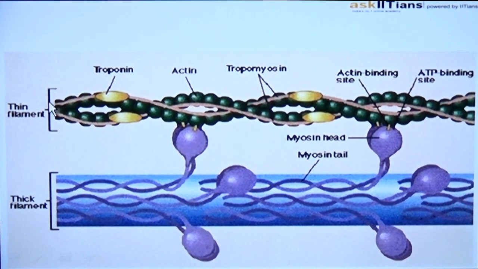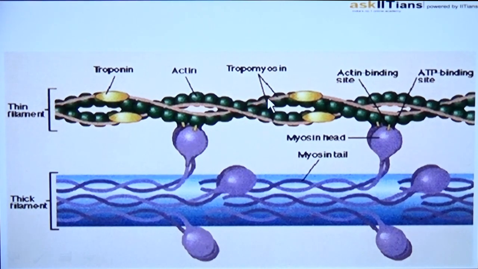In the thin filament we can see beads. Two beaded strings are present, and these two beaded strings are of actin molecules, forming the thin filament. And you can see troponin is here. We have seen that troponin is in between the grooves of the actin.